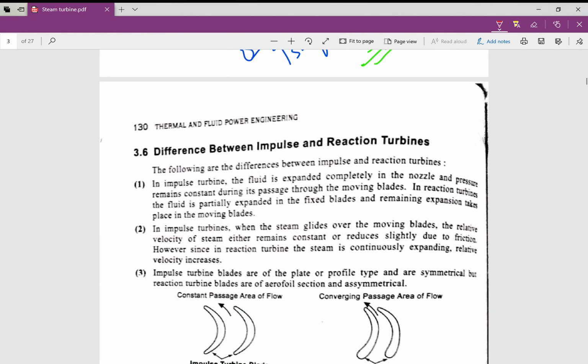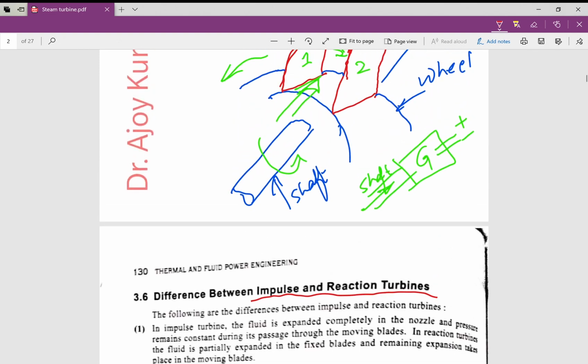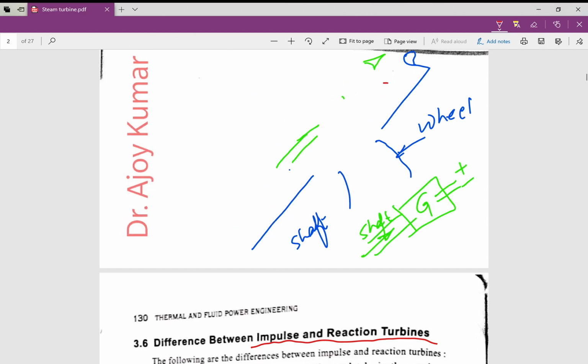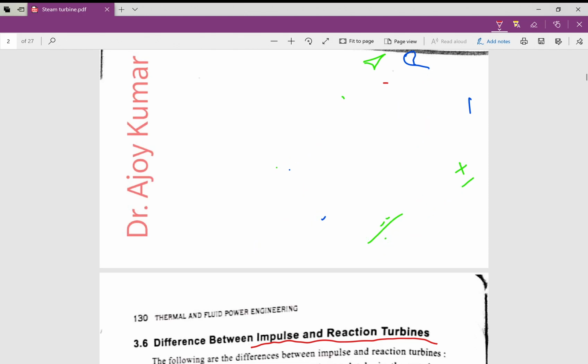So first, here is written the difference between impulse and reaction turbine. Let me introduce the words impulse and reaction, where they come from.